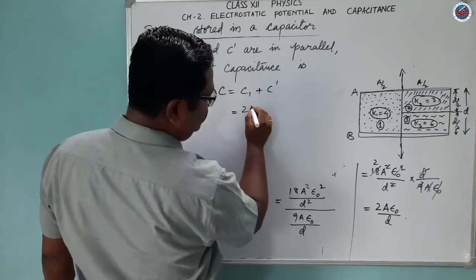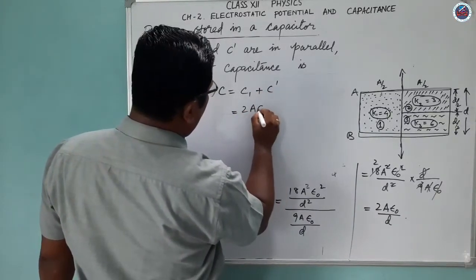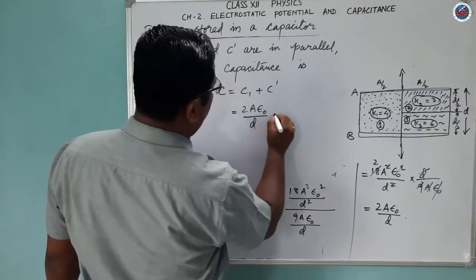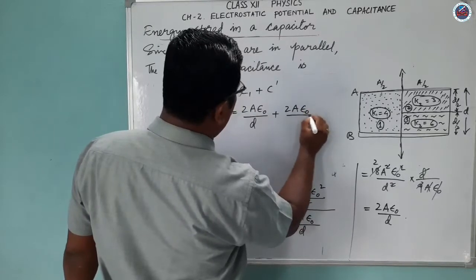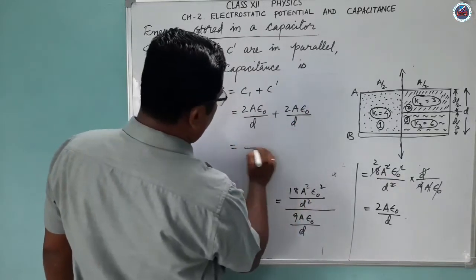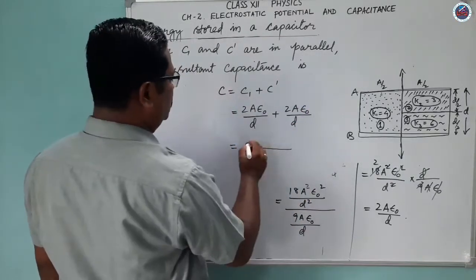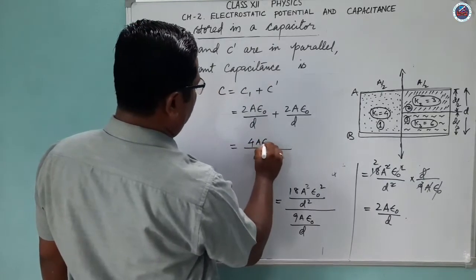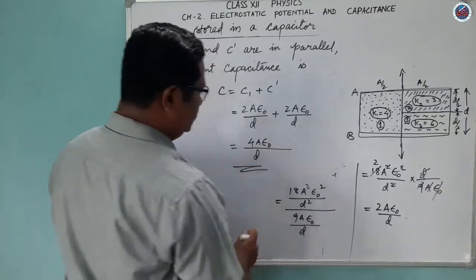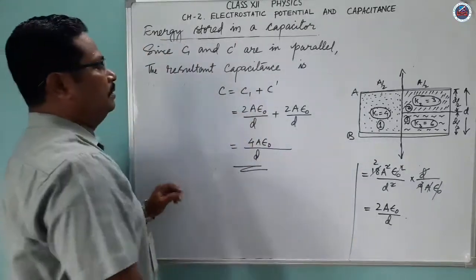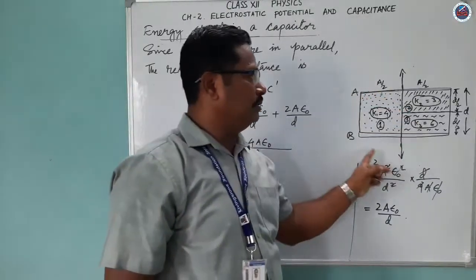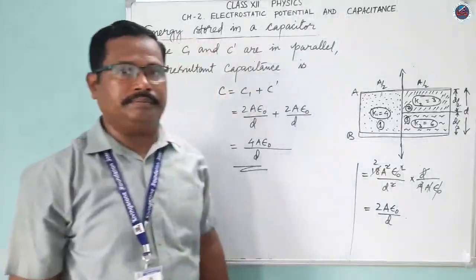C1 is 2a epsilon naught divided by d plus C dash is also 2a epsilon naught divided by d. So d we take common, it will be 4a epsilon naught. Like this you can find out the capacitance of the whole arrangement or the system.